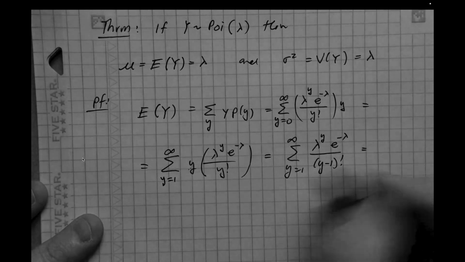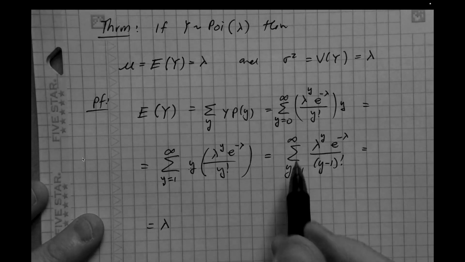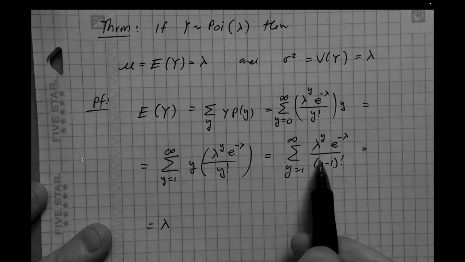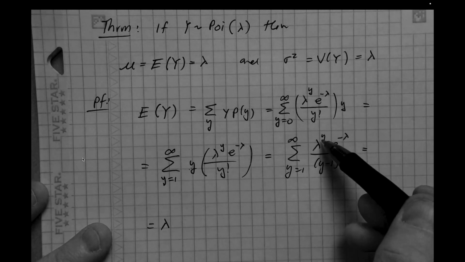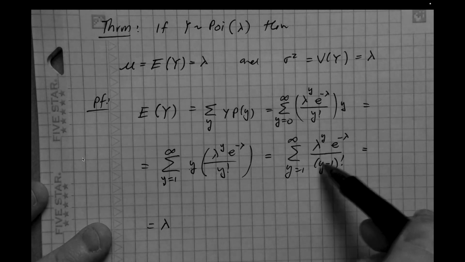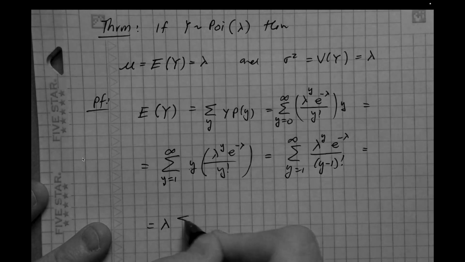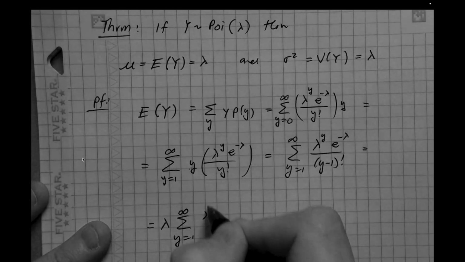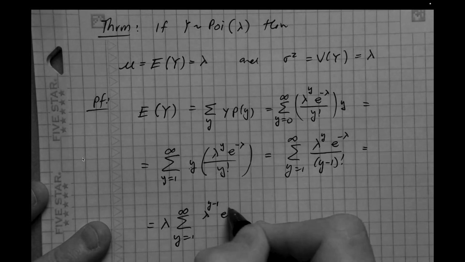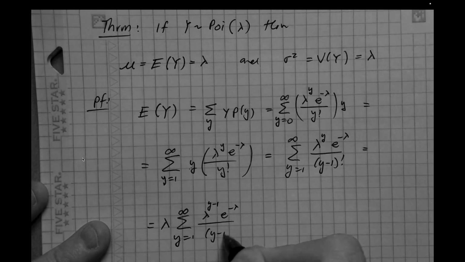And then let's factor out one of the lambdas. What we're trying to do is get the exponent up here to be y minus 1, so we can factor one of the lambdas out. And so we do that, and we get lambda to the y minus 1 times e to the negative lambda over y minus 1 factorial.